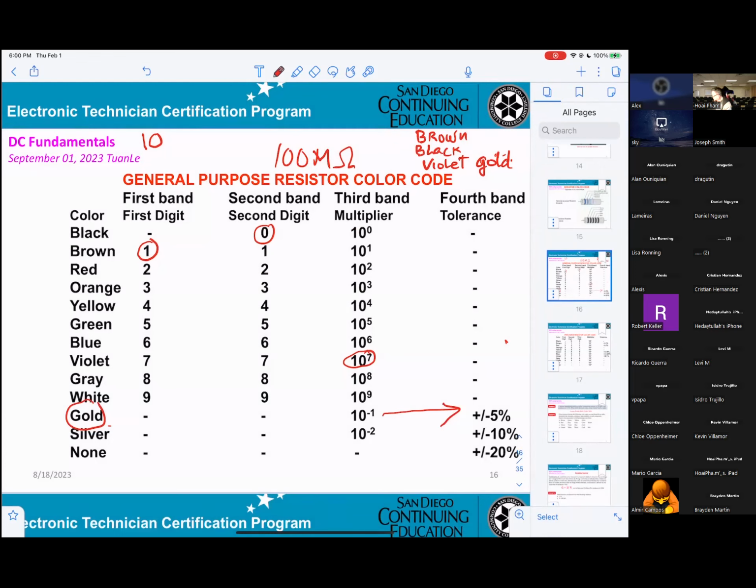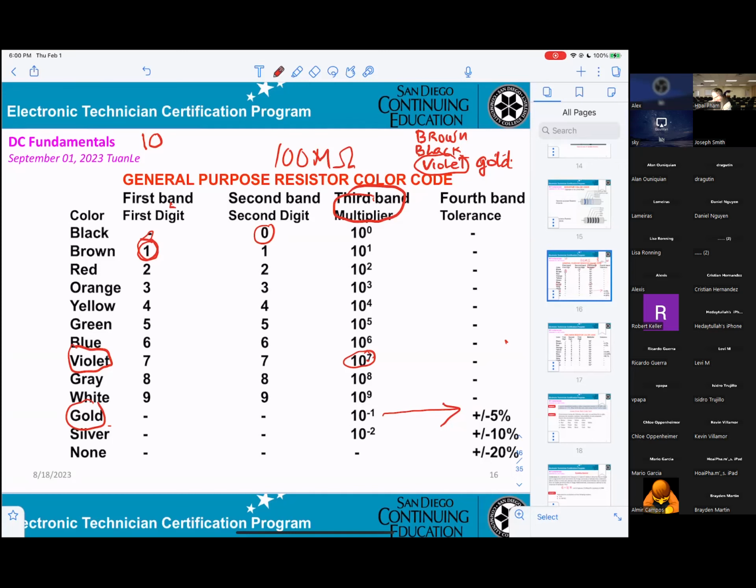Can you explain how you got violet on the multiplier? Violet here, right? Yes. Violet means the multiplier, which means you have to use 10 to the power 7. The first digit for the first band, they want number 1.